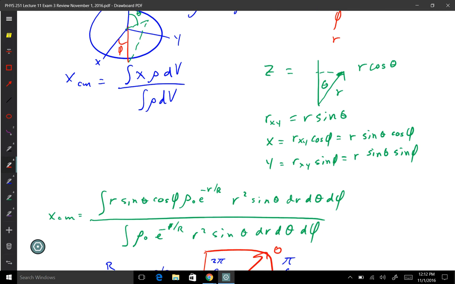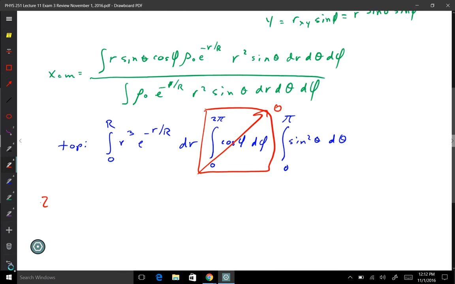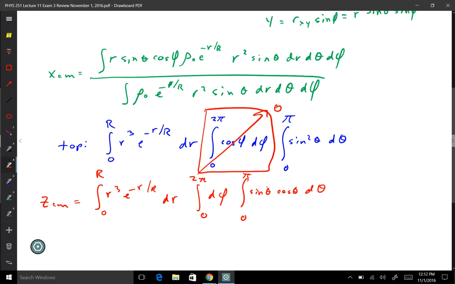The z doesn't have any phi in it, but it has cosine phi. So what I'm going to have for the z on top, oops, not equals, times, the last part, integral from 0 to pi of sine theta cosine theta d theta.